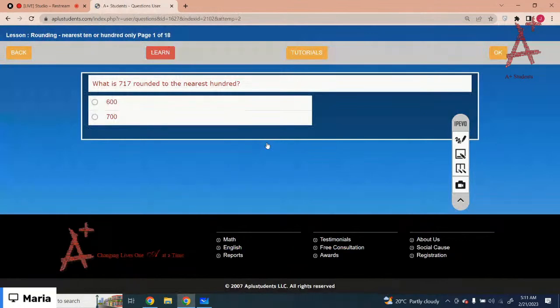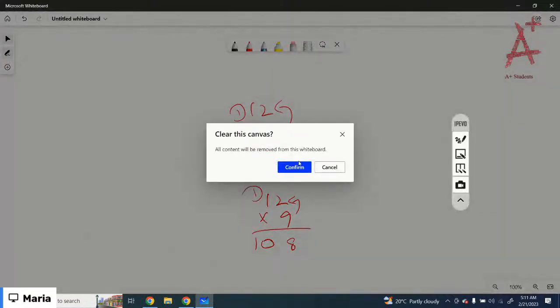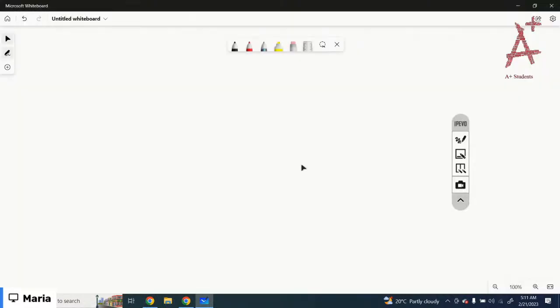Okay, the first one is, what is 717 rounded to the nearest 100? So you have to round off 717. You have to identify the digit that is at the hundreds position. So which digit is at the hundreds position? 7 is at the hundreds position. Got it?